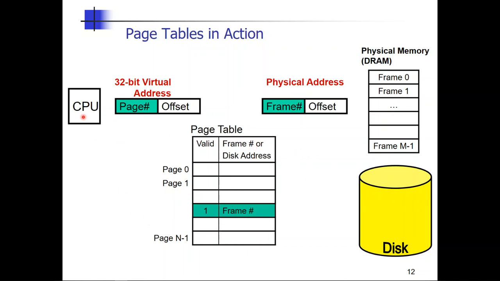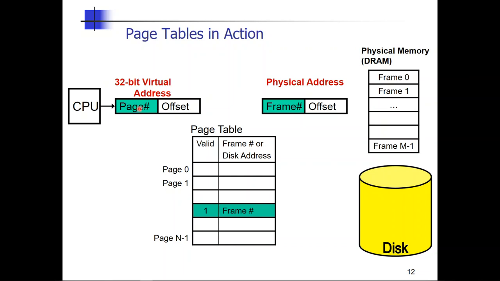So if we assume that the processor is right now executing a program, and an active program is called a process. So if it looks up a 32-bit address, in this case a virtual address, we know those 32 bits are those two fields.